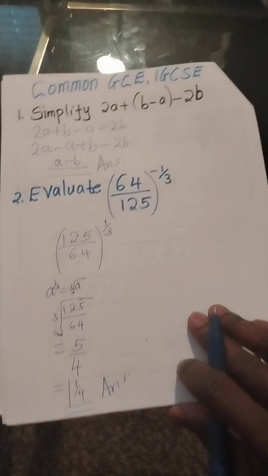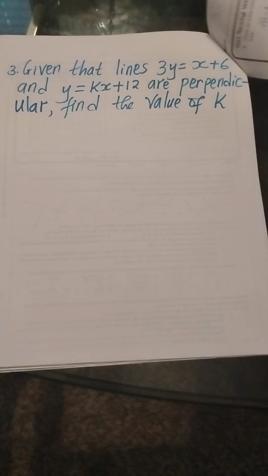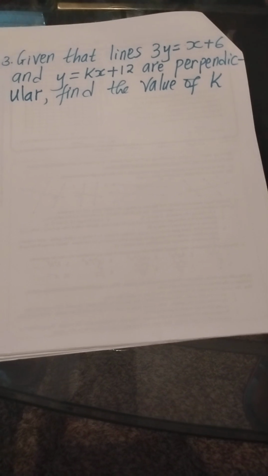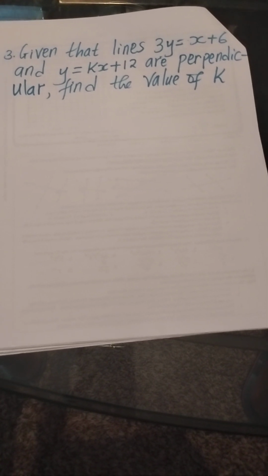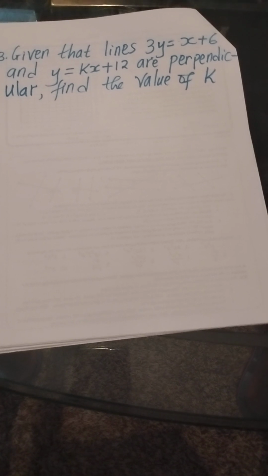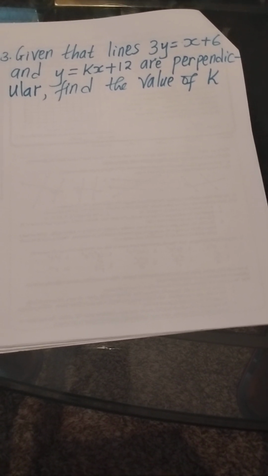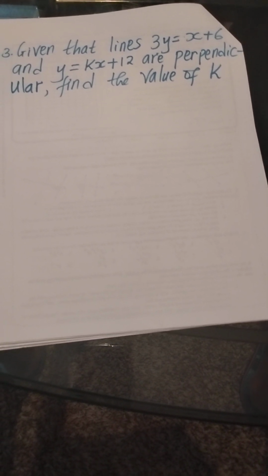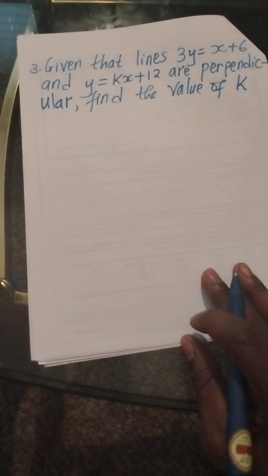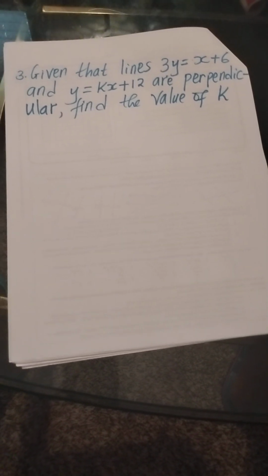Question 3. It is talking about gradients and the relationship between perpendicular lines. Given that lines 3y equal to x plus 6 and y equal to kx plus 12 are perpendicular, find the value of k. What is the key terminology here? Perpendicular.